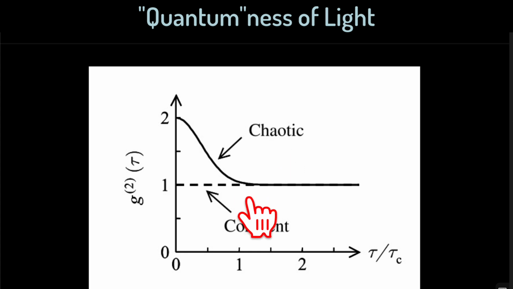In the case of the chaotic source, as you can see, if you take this ratio of tau to tau c, and as the value goes close to 1, the chaotic source deviates from the value of 1, and G2 goes up as you go closer to the value of 0, which means that tau is going closer to 0. Whereas for a coherent source, this value of G2 essentially is equal to 1. So it remains constant all throughout, and this is a characteristic of a coherent light source, whereas a chaotic light source shows this behavior.